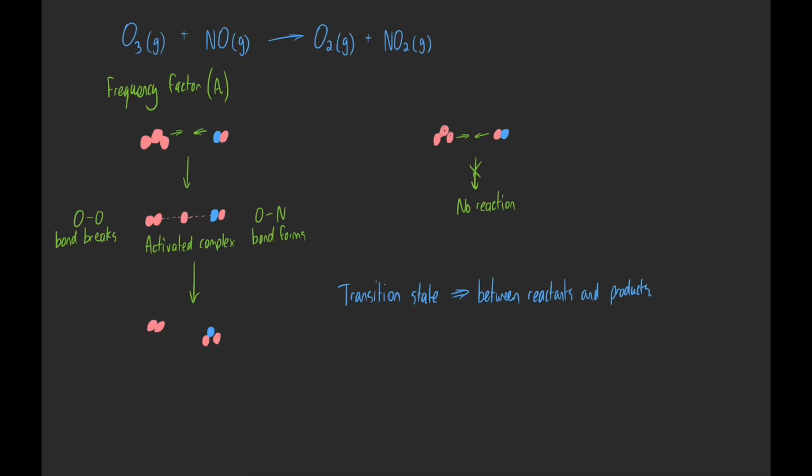And the activated complex here is one example of a transition state. Now, a transition state is something that can't be isolated. We can't make 1 mole of a transition state, for example, and make any measurements on it. It's a transitory species that only exists during the reaction progress.